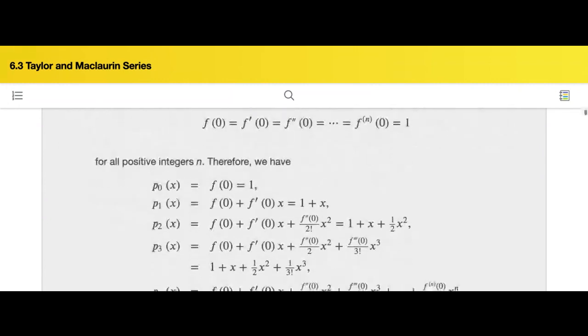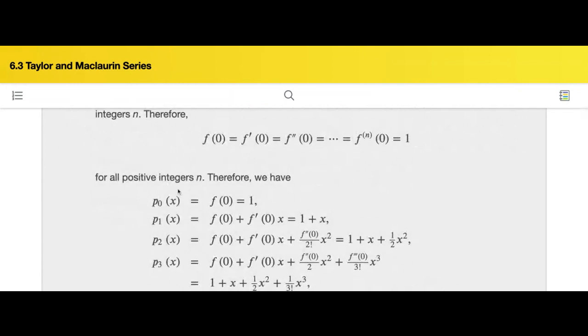So now we just plug into the function, right? So P naught is just f of 0 equals 1. And P1 equals P naught plus the first order derivative multiplied by x. So we just get 1 plus x, a linear function.